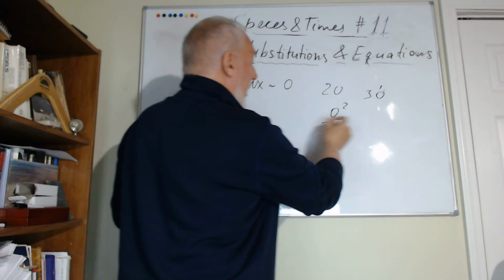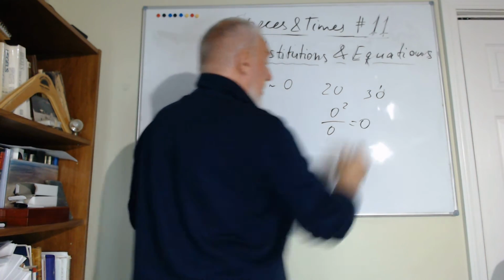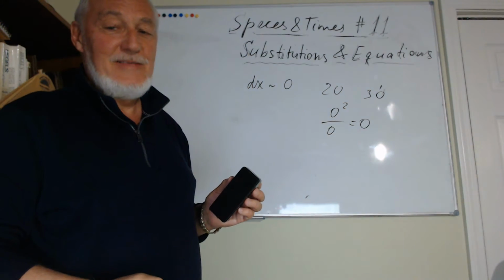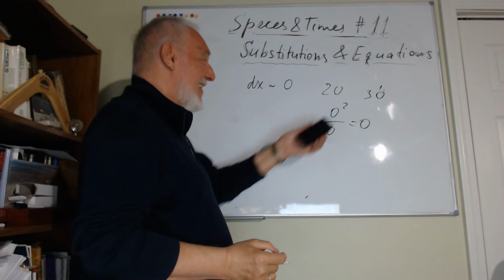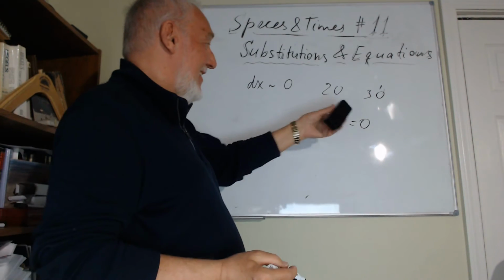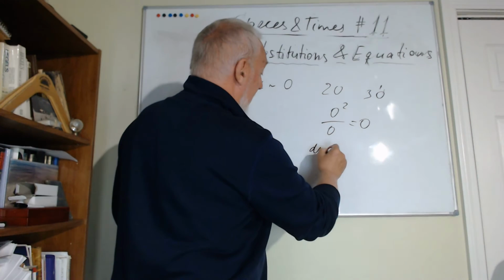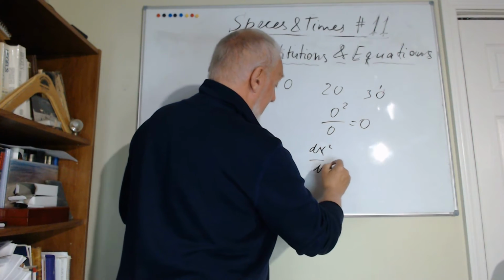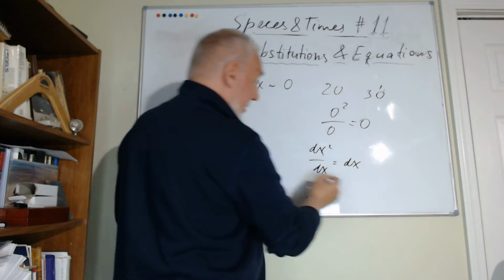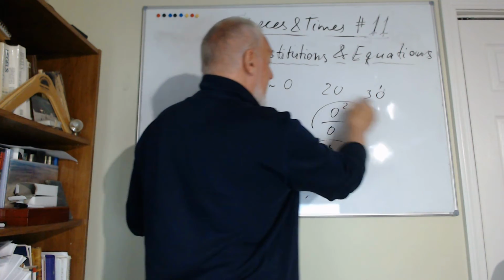Like 0 squared divided by 0, it is 0, right? Maybe like dx squared divided by dx, it is dx. So it is correct. This is prohibited.